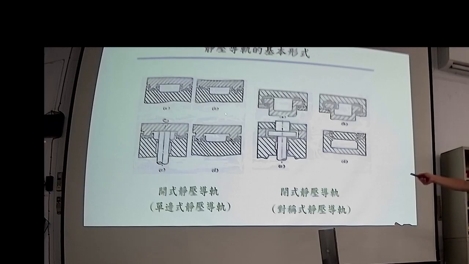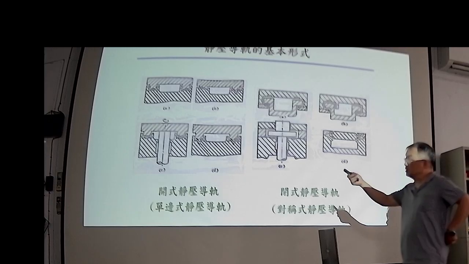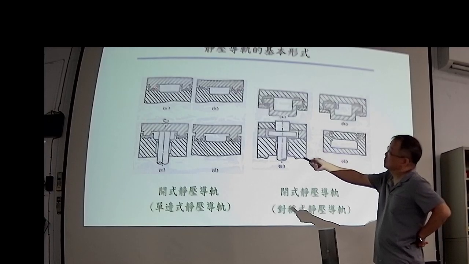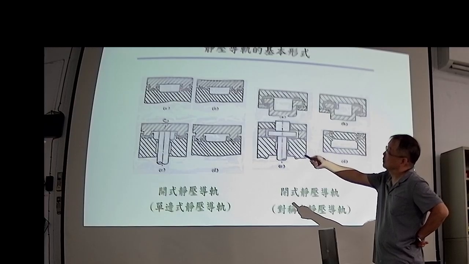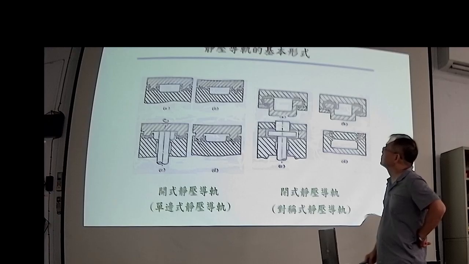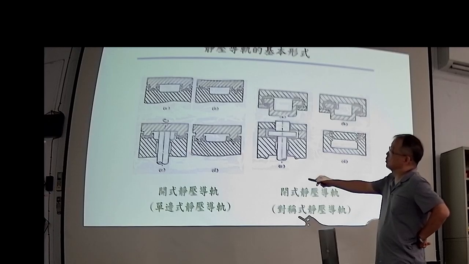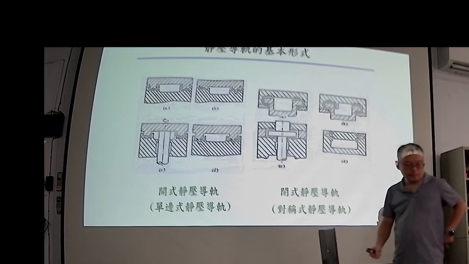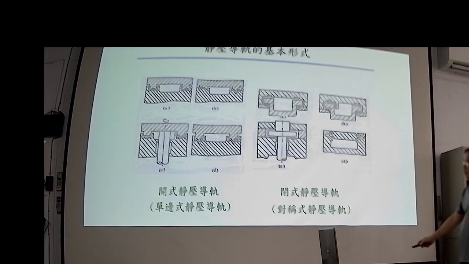This is for the open guide rail design, or open guideway design. Okay. So you have only this V-shaped recess here, and this is the two flat ones. So this is called the open guideway design. This is called the closed form.